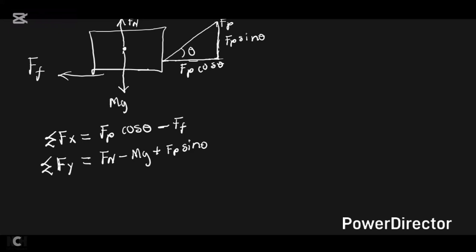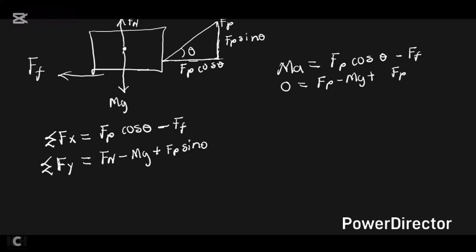So you are only allowed to use the equation in the x-axis. So ma is equal to FP cos theta minus f, which is the friction force, right? Then in the y-axis we have 0, so it will be Fn minus mg plus FP sine theta.